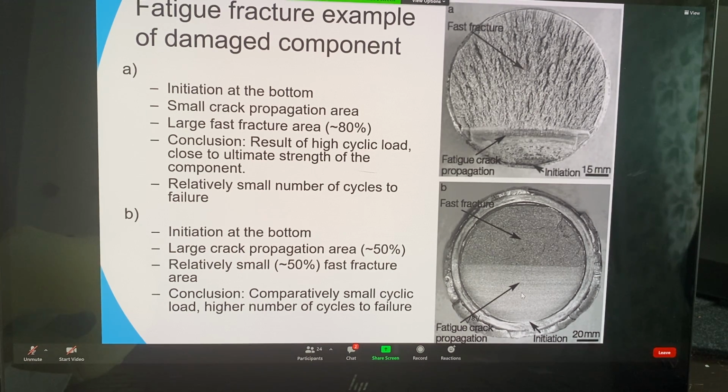So we can conclude that this cyclic loading has been smaller in relation to the strength of the material than in case A, which also means that there's probably a higher number of cycles before failure than in the first case.